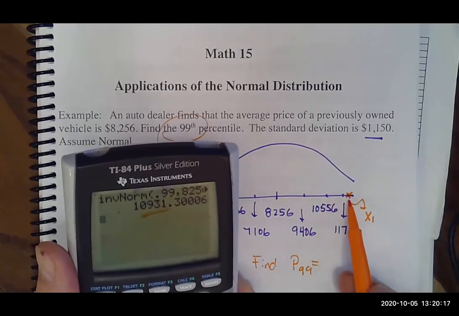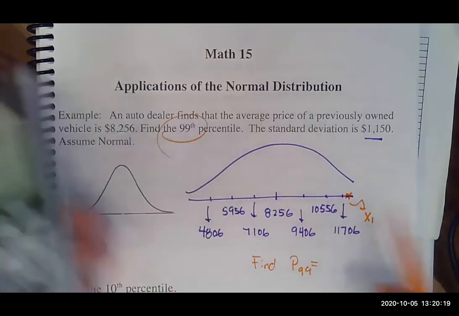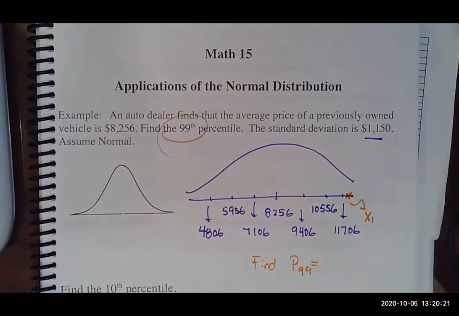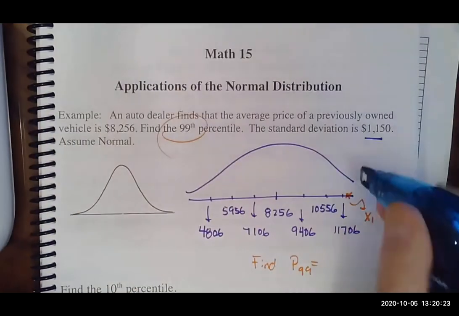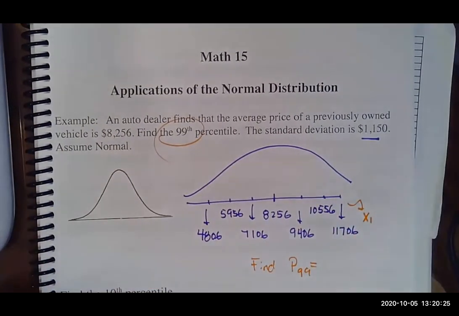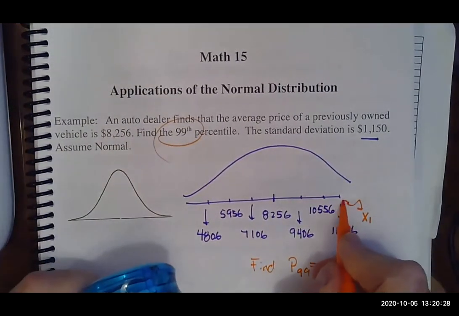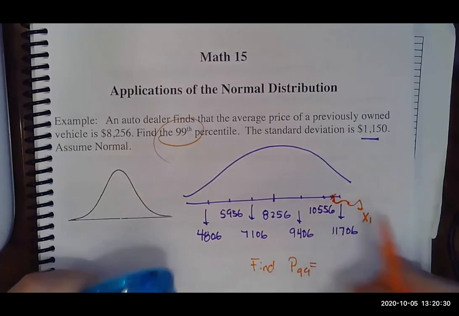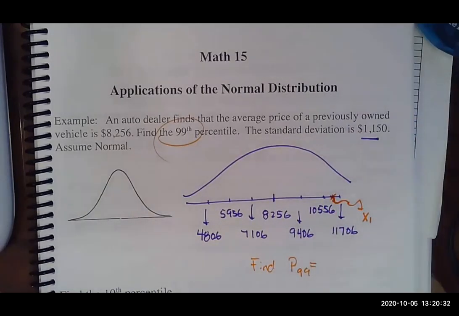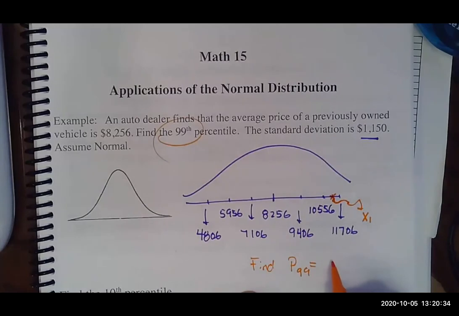So my marker is not on the correct side. So I'm going to erase that. That's funny. I'm going to wipe that out right there. This should be over here. So this would be $10,931 and 30 cents.